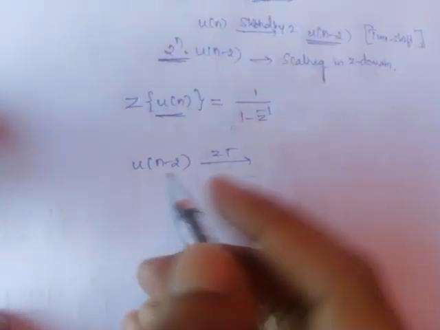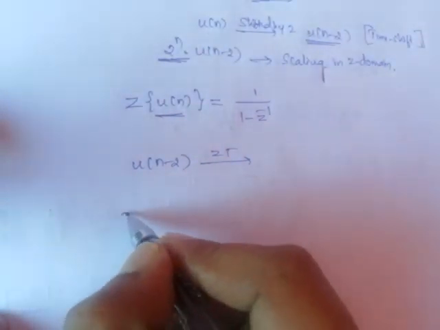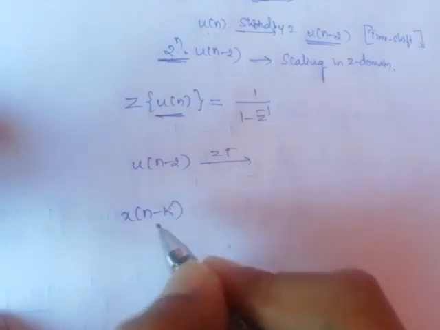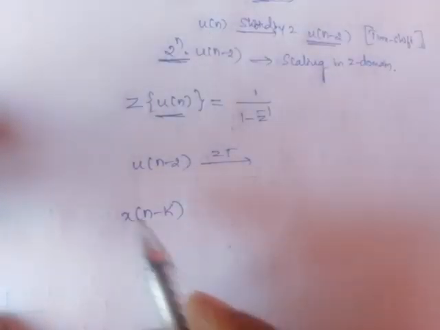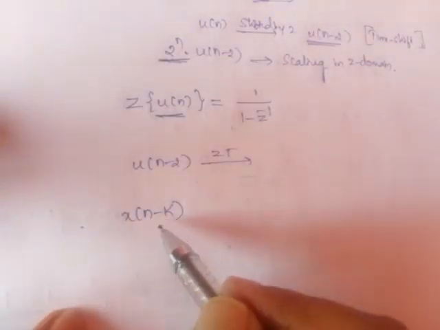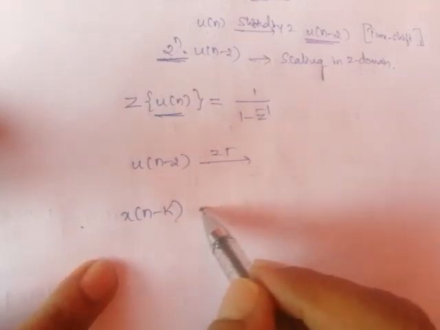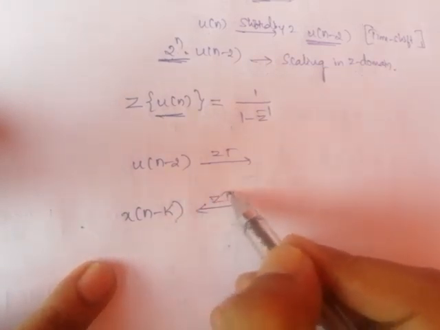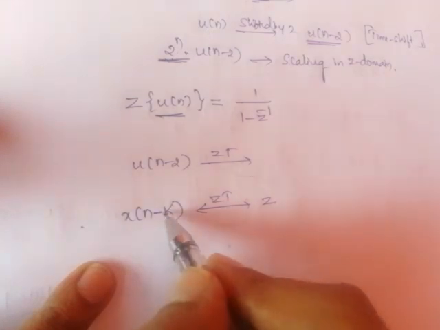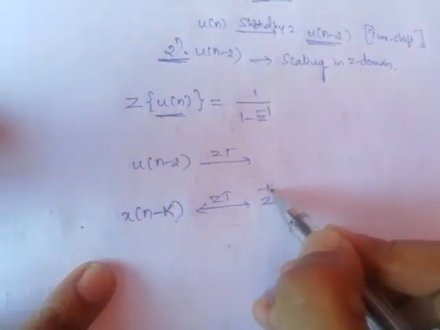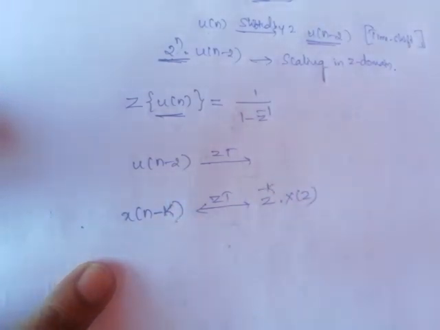Let us write the statement of the time shifting property. If x of n is the given sequence and it is shifted by k samples, then the ZT pair is z to the power minus k into x of z.